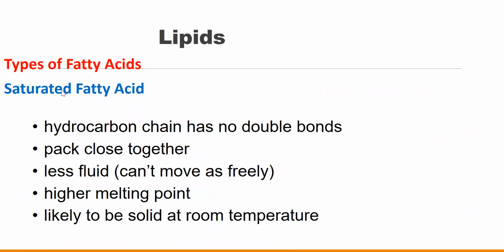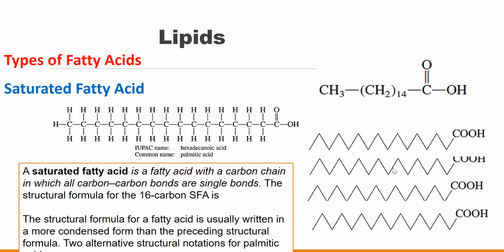So we expect our saturated fatty acids to be less fluid. They can't move as freely. And because of this very strong interaction due to the linear, highly packed organization of the fatty acid chains, we expect that it would have a high melting point.